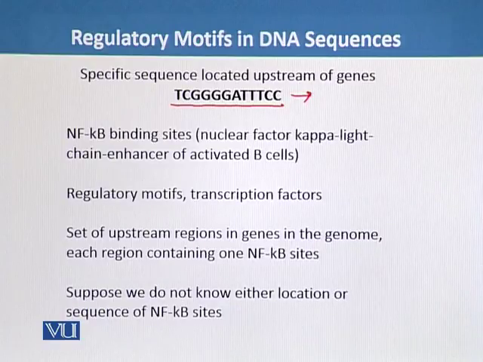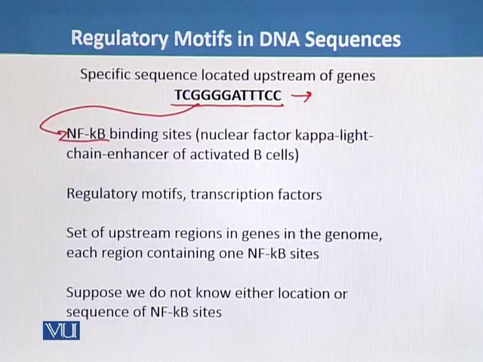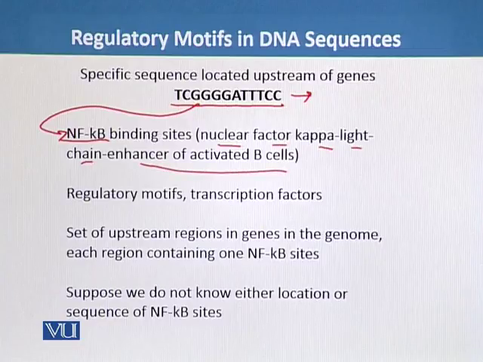These sequences are basically the NFKB binding sites, and NFKB is the abbreviation of nuclear factor kappa light chain enhancer of activated B cells. These sequences are very important for the activation of immunity genes in Drosophila.